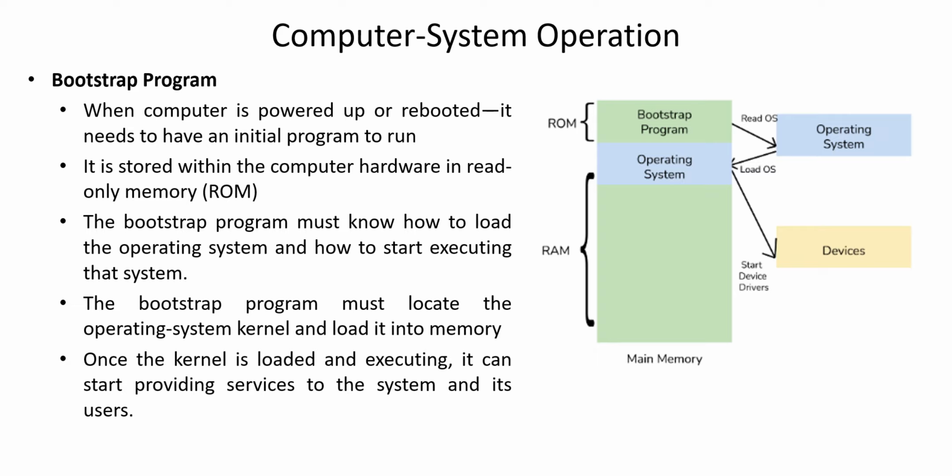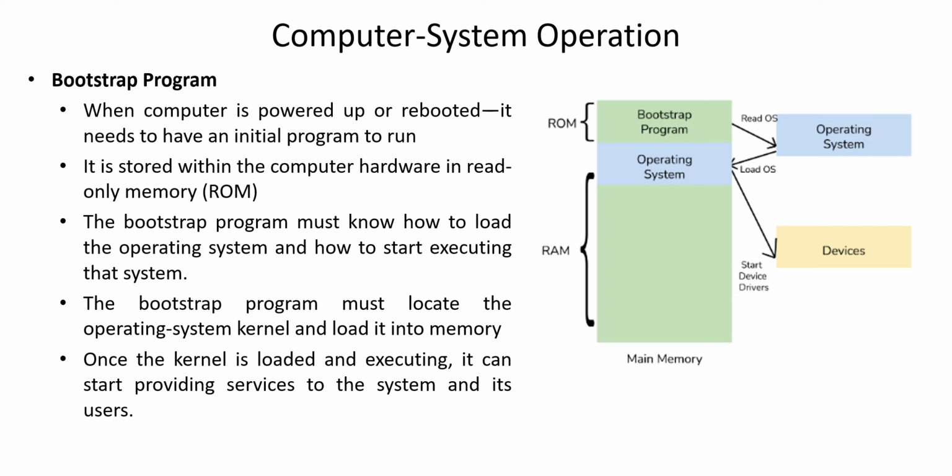The bootstrap program has two critical jobs. It must know how to load the operating system and how to start executing that system, and it must locate the operating system kernel and load it into memory. Once the kernel is loaded and executing, it can finally start providing services to the system and its users. Look at the diagram. ROM holds the bootstrap program, which reads and loads the OS into RAM.